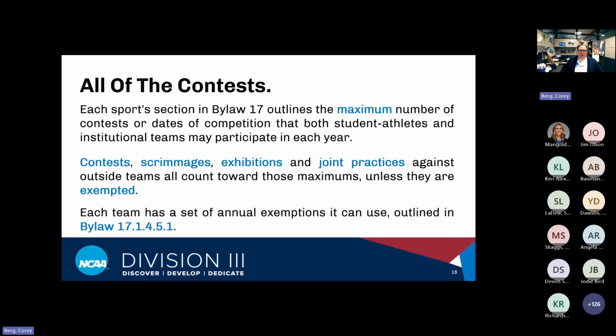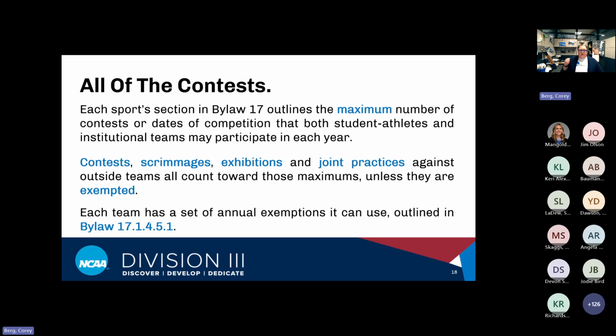So every sport has a section of Bylaw 17 that lists the maximum number of contests or dates of competition that your student athletes and your institutional teams can compete in each year. And for the most part, everything against outside competition has to count towards those maximums, unless you have the ability to exempt that contest or that date.